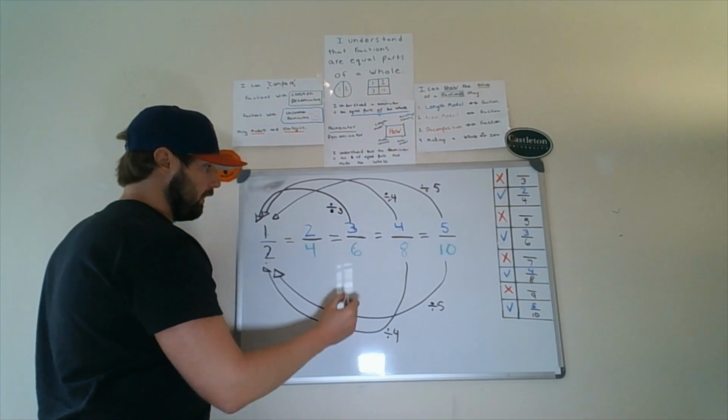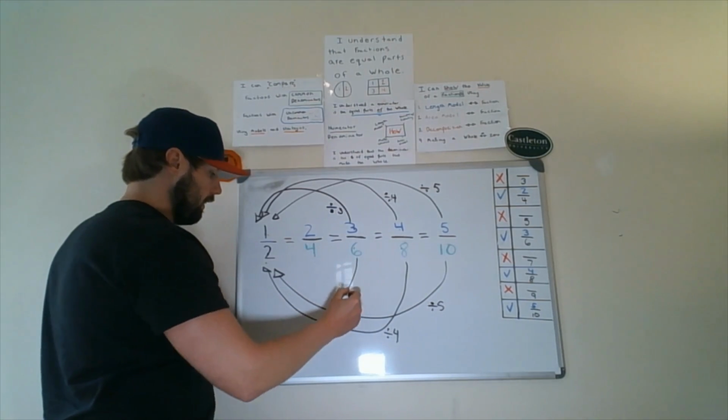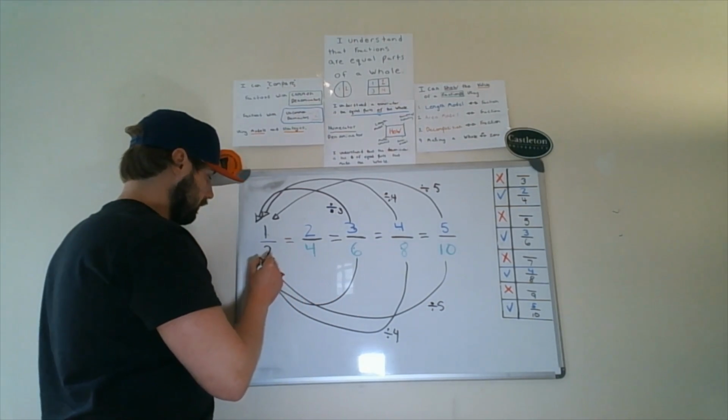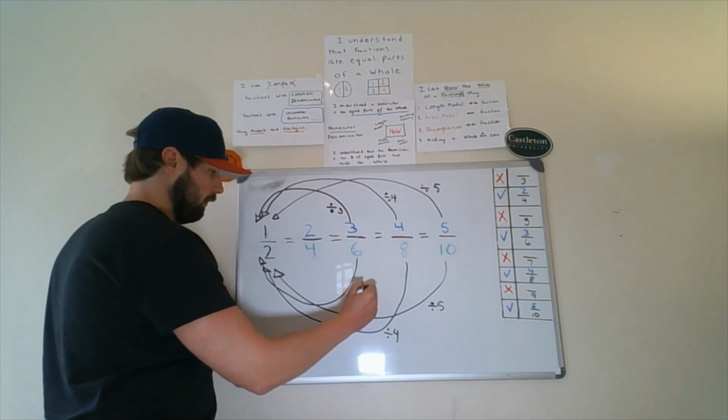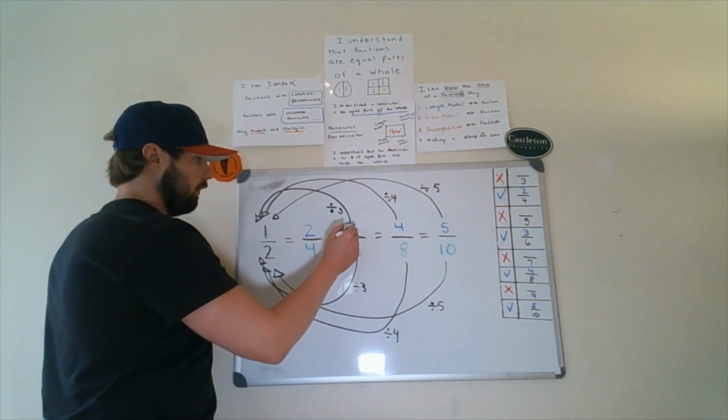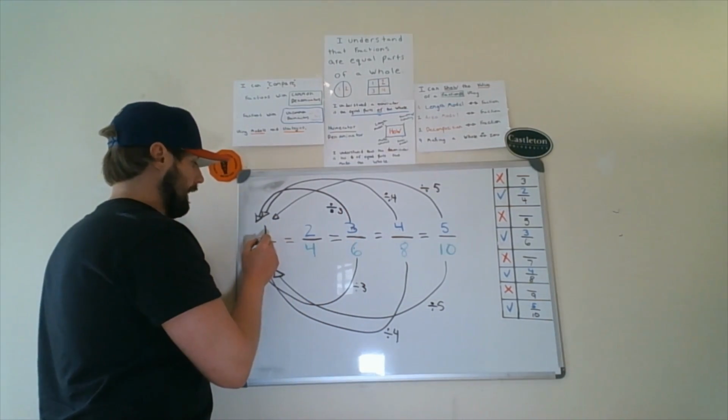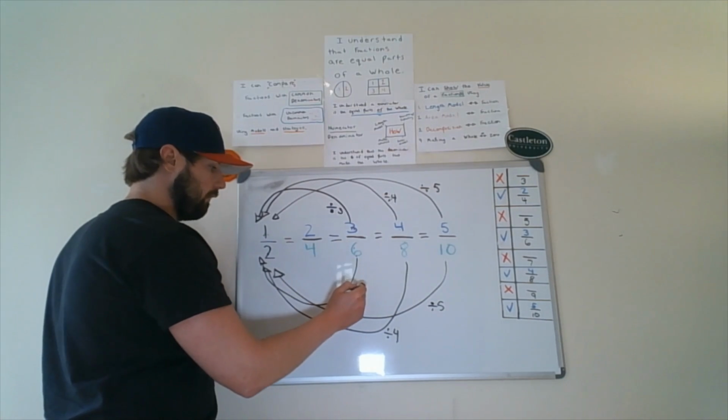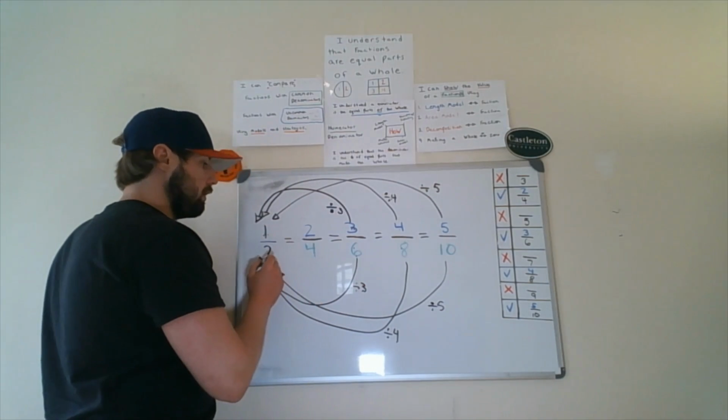We were dividing by 3. 3 divided by 3 is 1. 6 divided by 3 is 2.